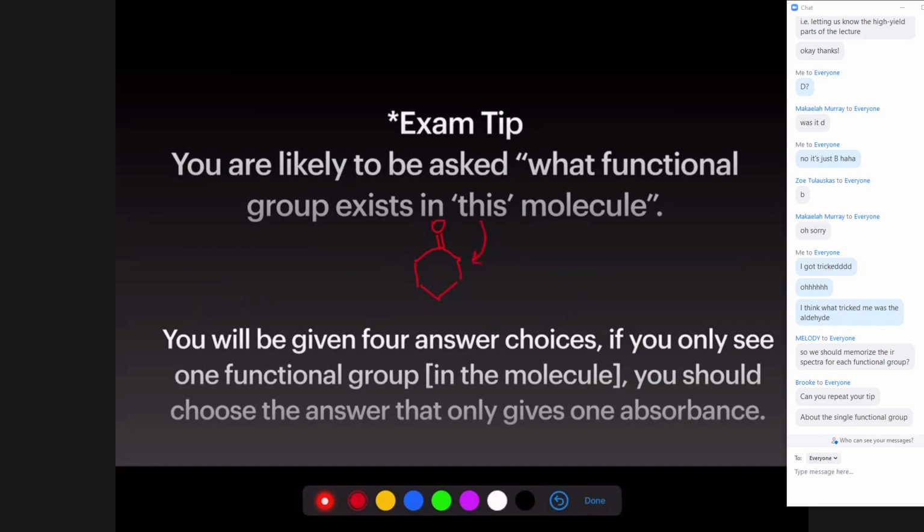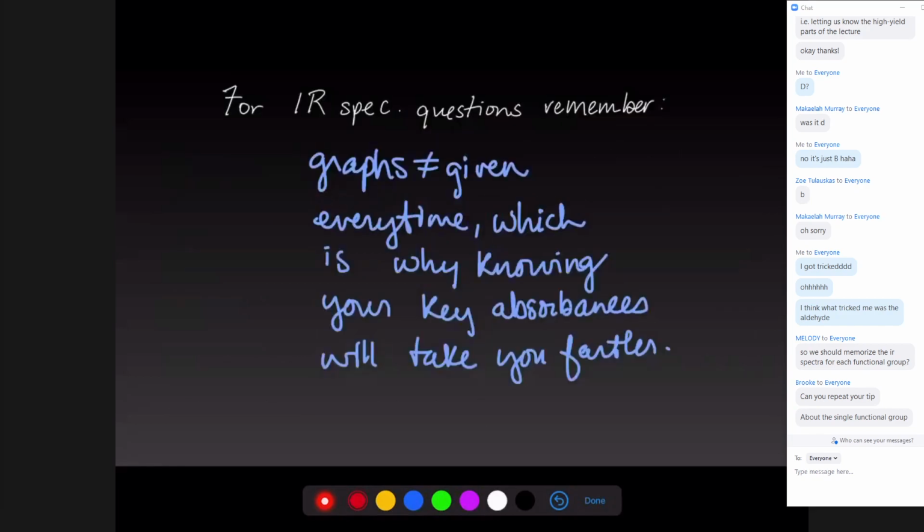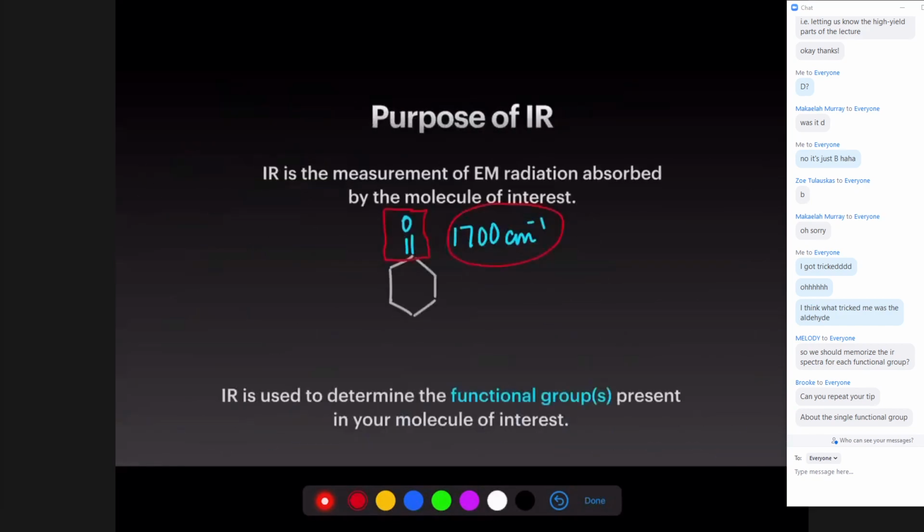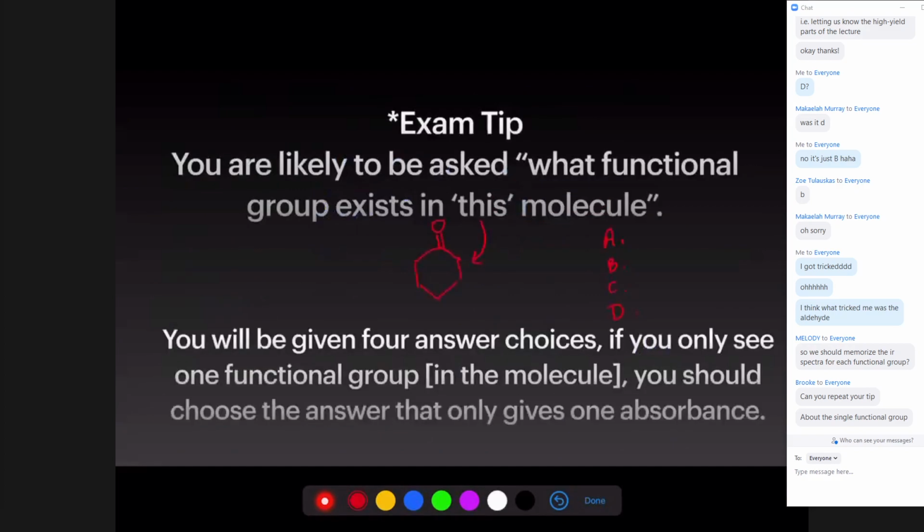They'll give you an A, B, C, or D. In your A, B, C, or D, they might give you 1700. They might give you 3000.